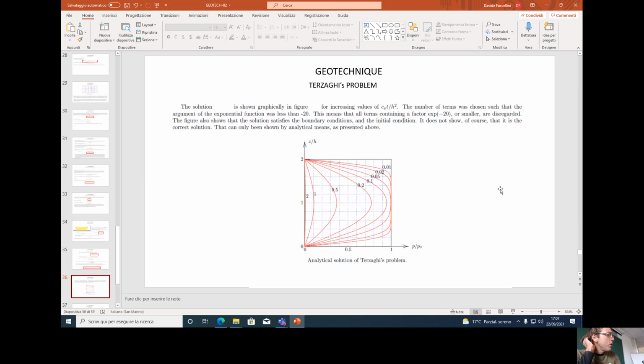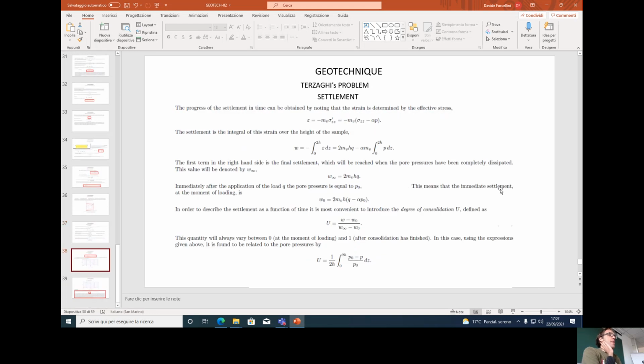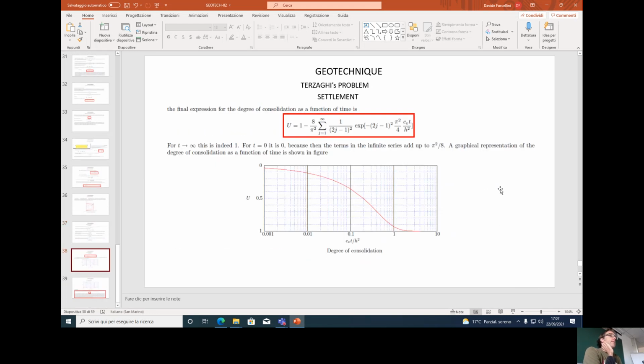After some consideration, we obtain the analytical solution of the Terzaghi problem that again depends on c_v t over H squared, and then we define the settlement.